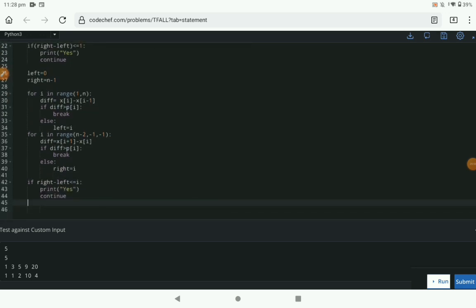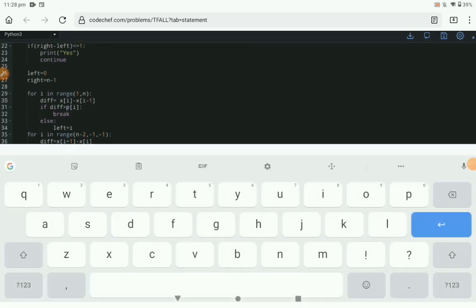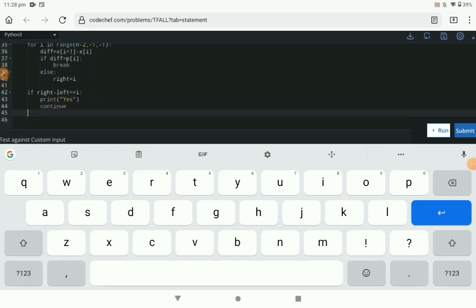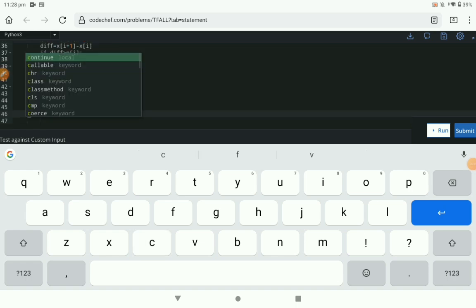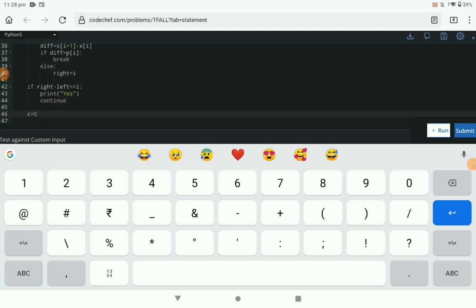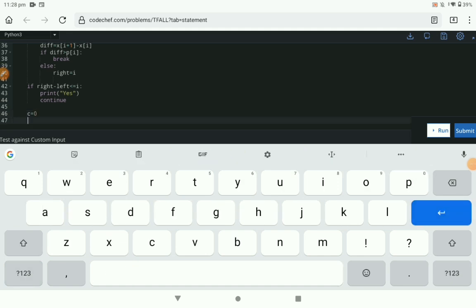Is that clear? So we are done with the 4 techniques. We have discussed 6 techniques now. Now let's do the 5th one. So we will initialize our c to 0.